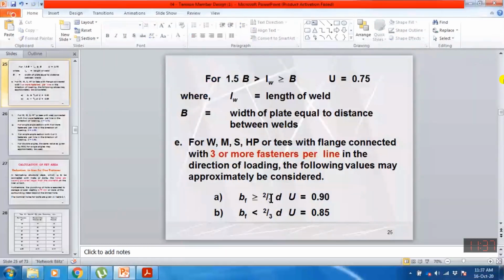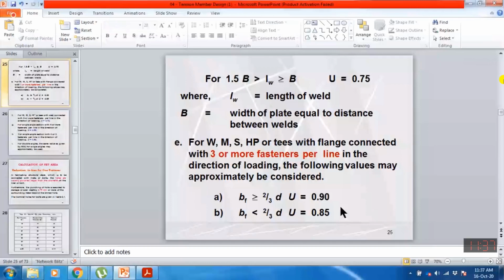And if BF is less than 2 by 3 of the depth, then use the value 0.85. This value you can use if we already know the sectional properties of this I section. This is given in point D and point E.